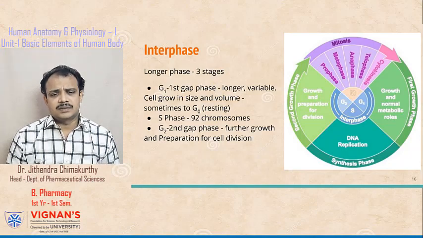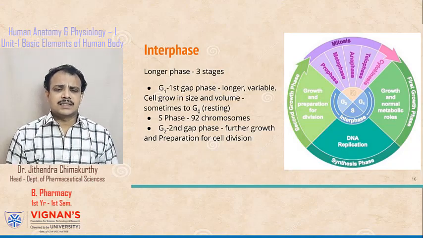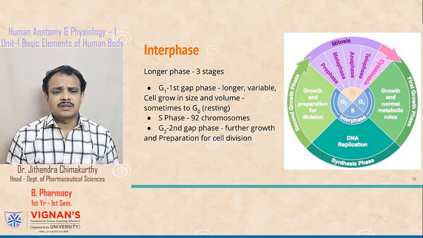And this sequence of events which occur during cell division can be called the cell cycle. So, cell cycle is the duration between two different cell divisions of a particular cell.